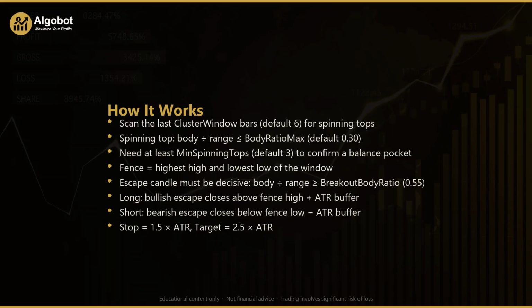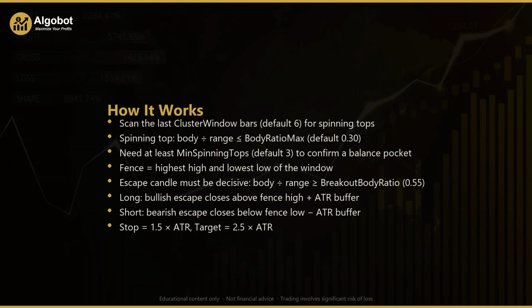The strategy signals a long when that decisive candle is bullish and its close finishes above the pocket's high plus a small buffer. The buffer is a fraction of the current ATR, set by BreakBufferAtr, and it filters out marginal, barely-there breaks. The strategy signals a short in the mirror image, a decisive bearish candle whose close finishes below the pocket's low minus that same buffer.